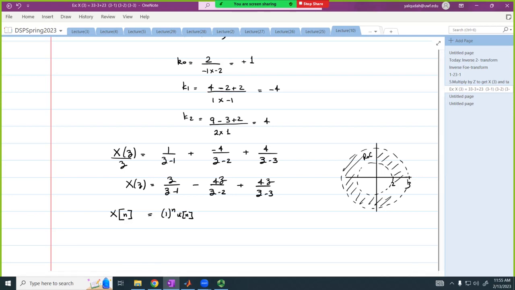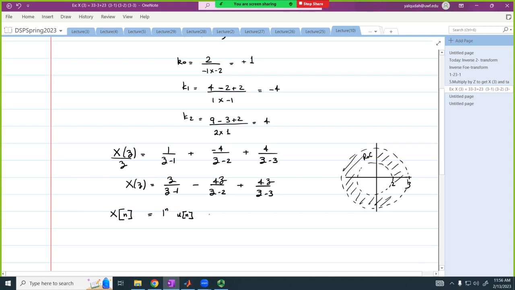The region of convergence is to the outside of it. And therefore, it is right-sided. What is 1 to the n u of n? 1 to the n is just equal to a 1. We can keep it. 1 to the n u of n.